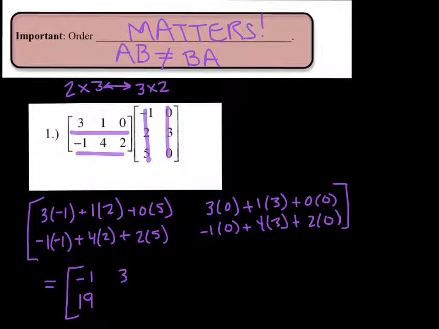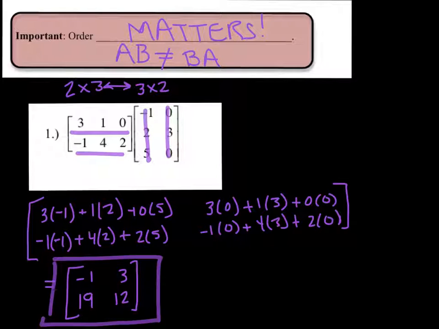And then your last spot, -1 times 0, so 0 plus 12 plus 0 is just 12. So that is going to be the product of those two matrices.